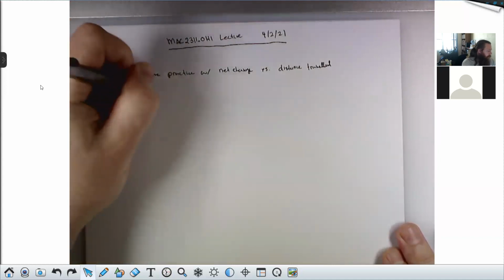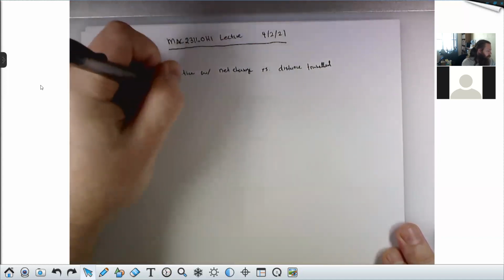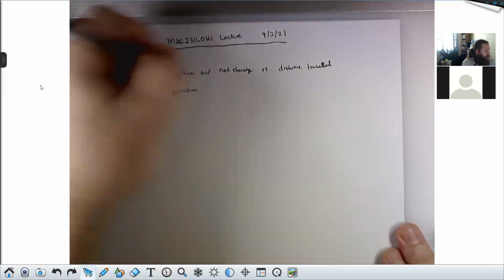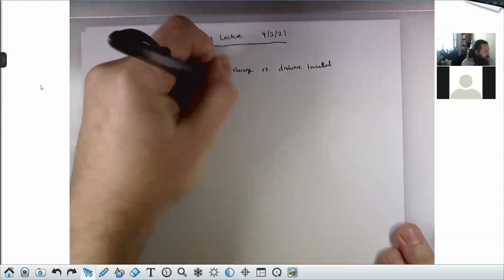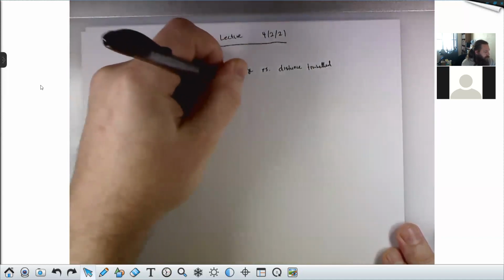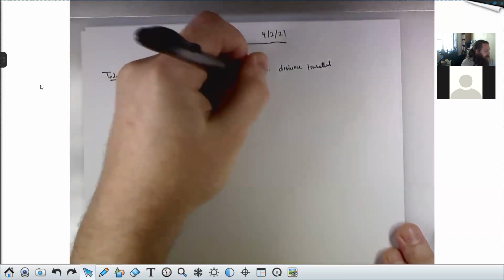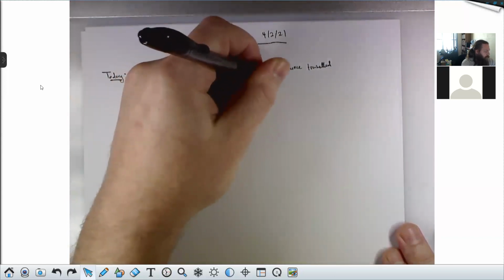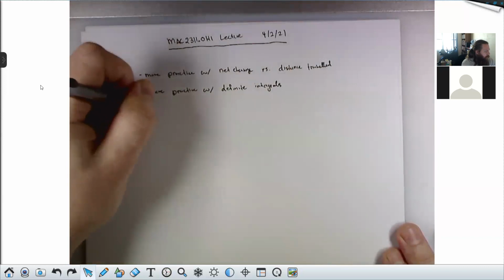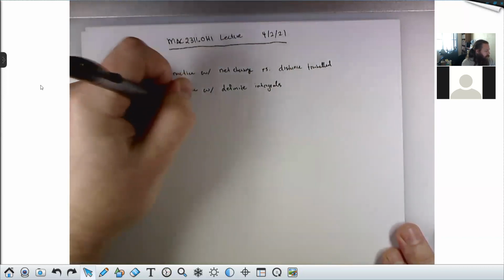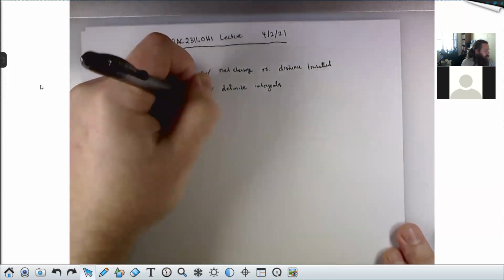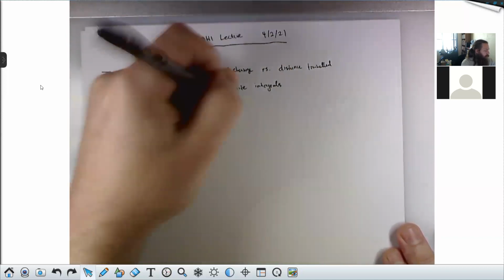A little more practice with definite integrals. And then we're going to introduce 5.5, which is on the substitution rule.